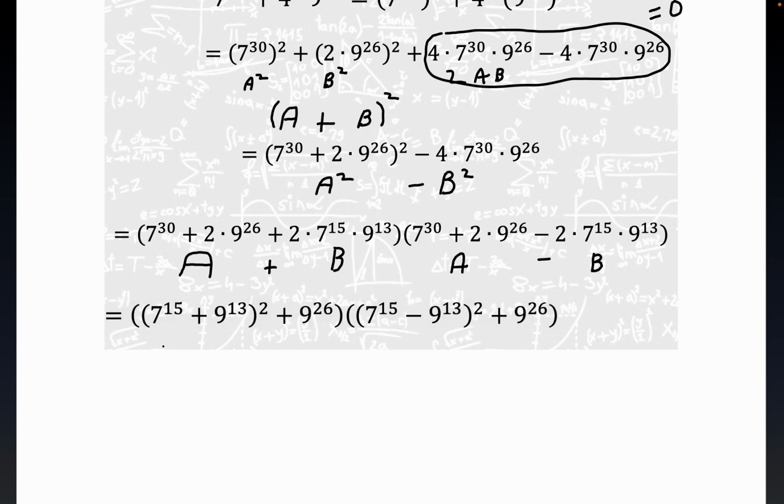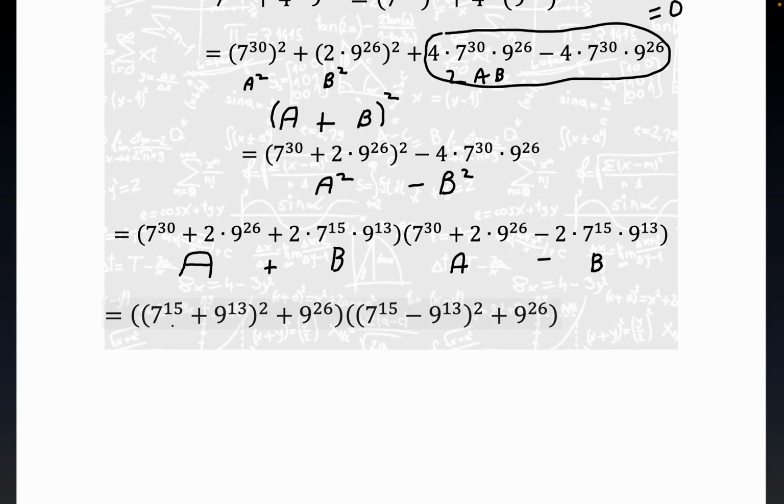I hate to write it down, but I think you guys see it. This is a plus b quantity squared, right? So a squared would give you this term right here. b squared would give you 9 to the 26th only once, right? But we have 2 of them here. Y'all see that? So that's why we have to do another 9 to the 26th.